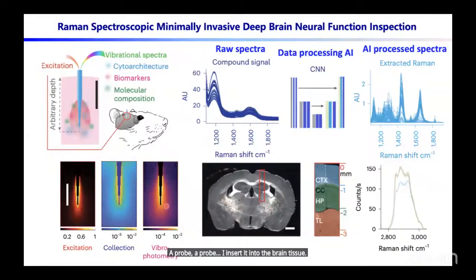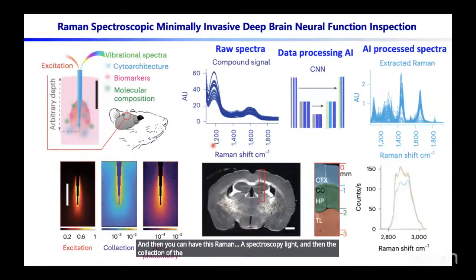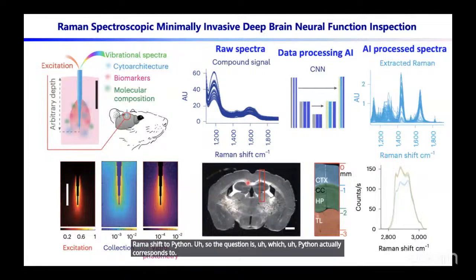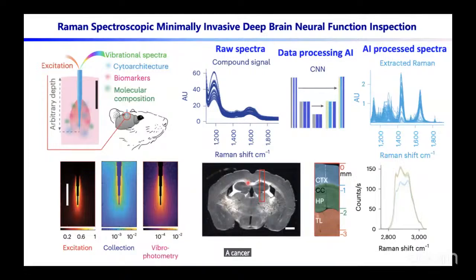and then you can have this Raman spectroscopy light, and then from the collection of the refracted light, you get this kind of Raman shift pattern. So the question is, which pattern actually corresponds to a cancer situation, which is a normal situation. So in this case, you can develop an AI.